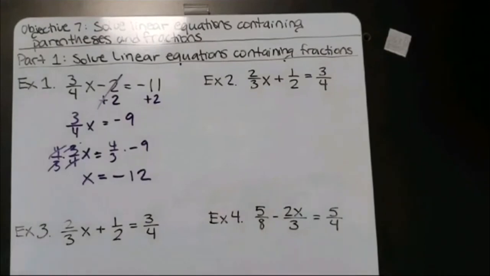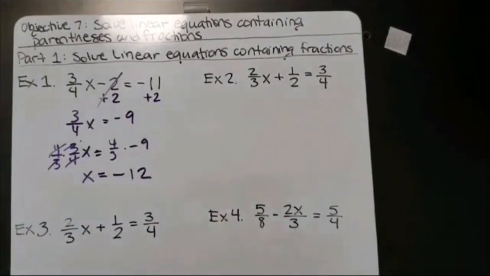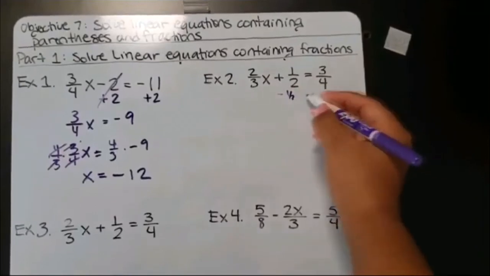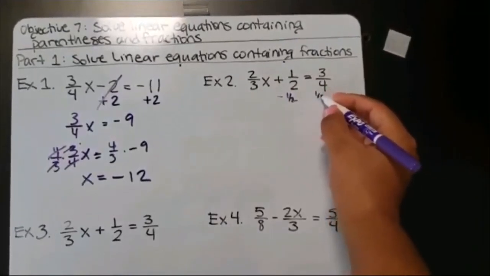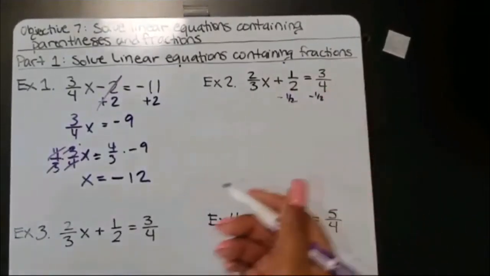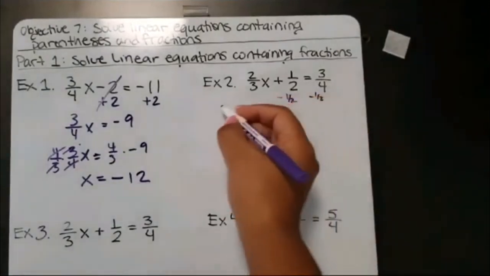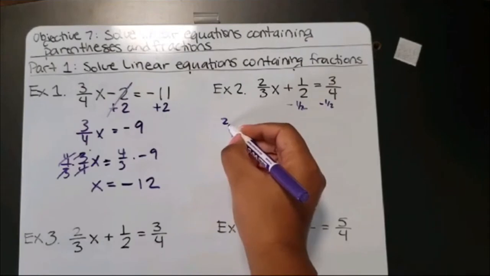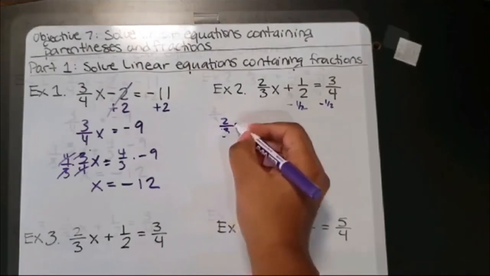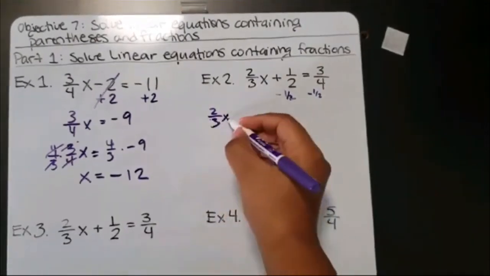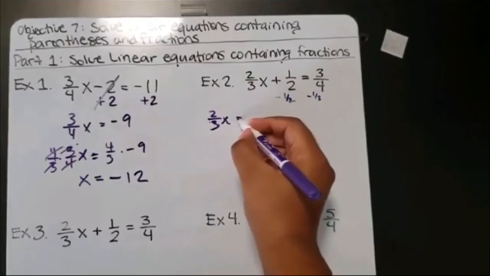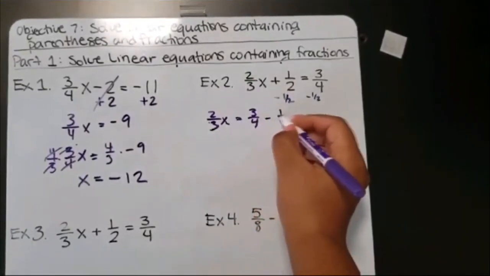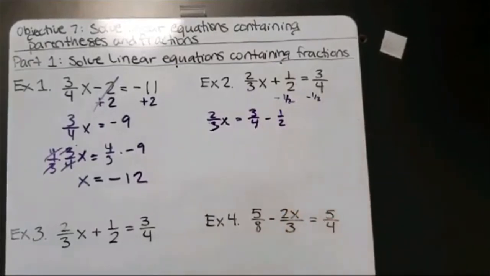So first, we need to subtract 1/2 on both sides. So then we will have 2 over 3x equals 3 over 4 minus 1/2.